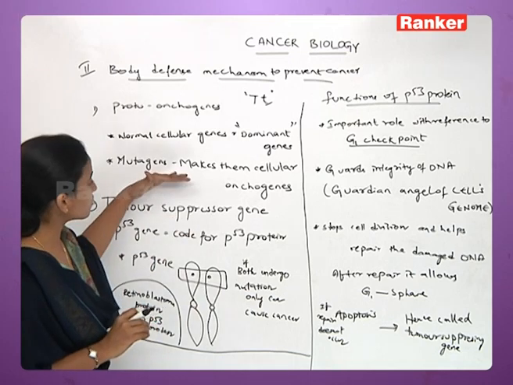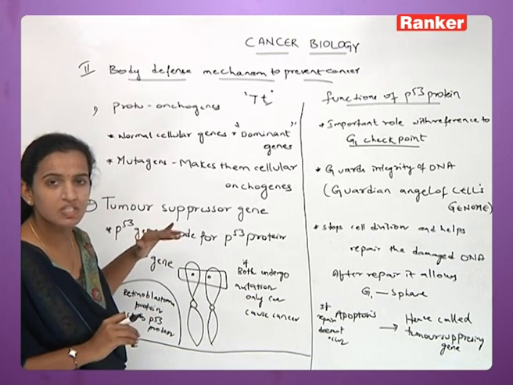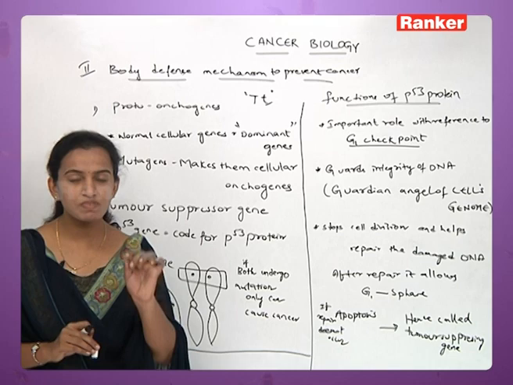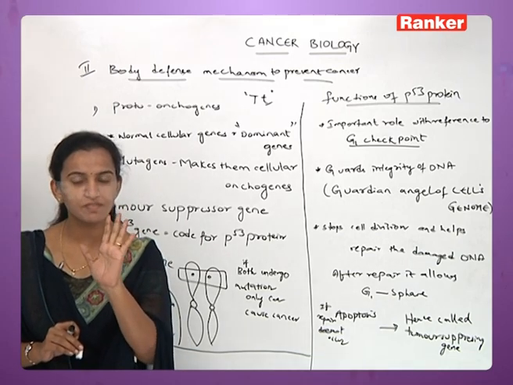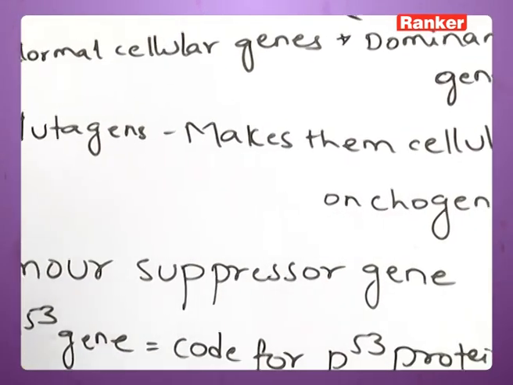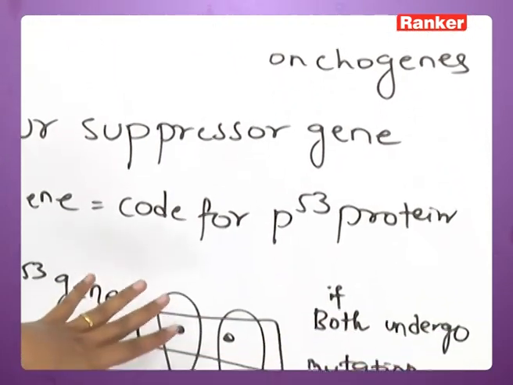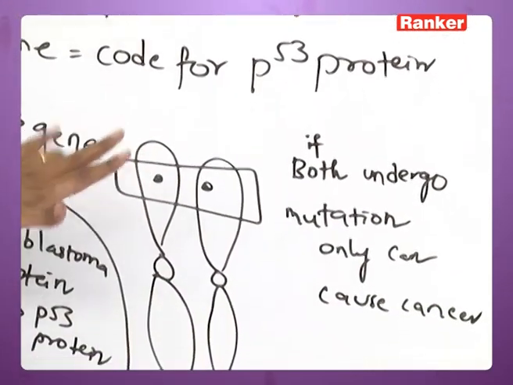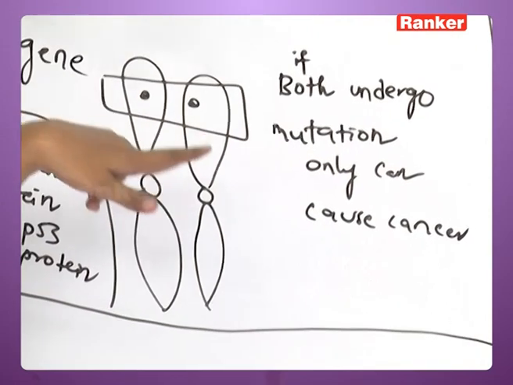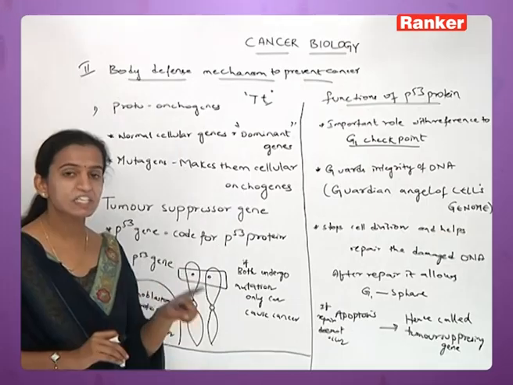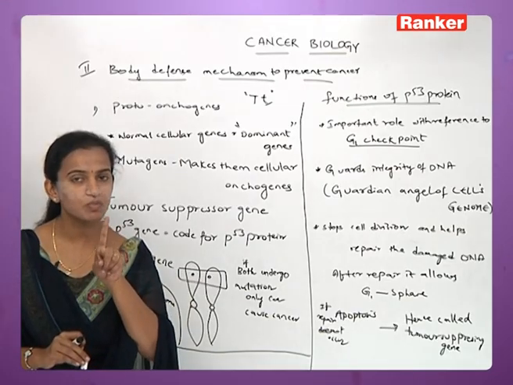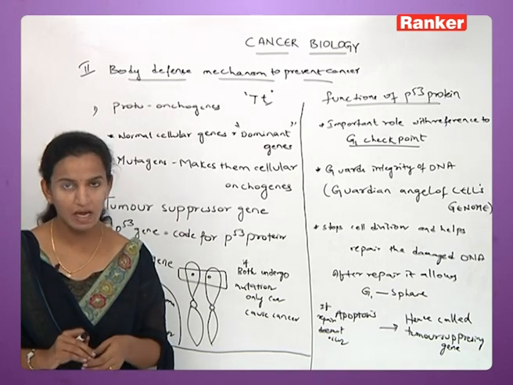The difference between proto-oncogenes and the tumor suppressor gene is that for proto-oncogenes, even a single dominant gene is enough to give expression. In the tumor suppressor gene P53, which is present on 2 chromosomes, even if a single chromosome undergoes mutation, no problem is going to happen.